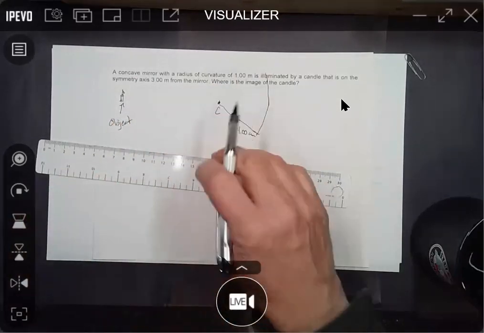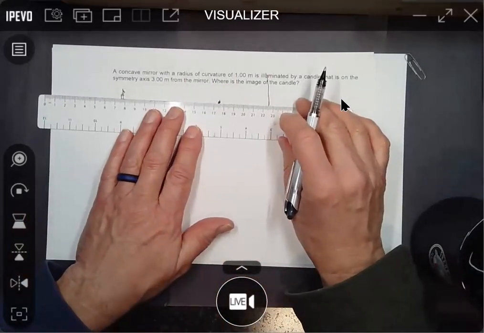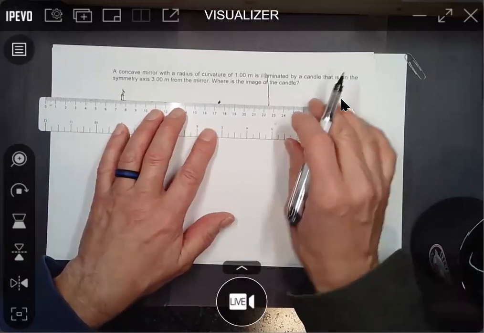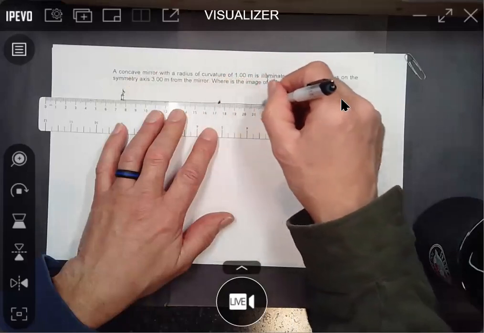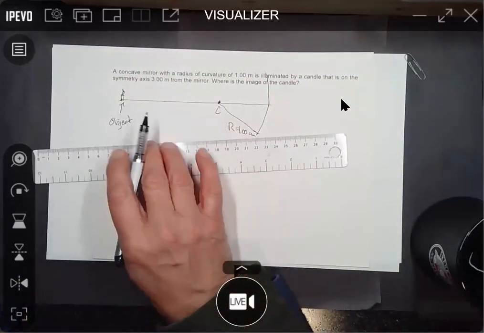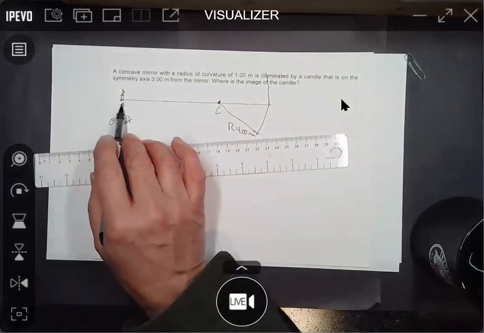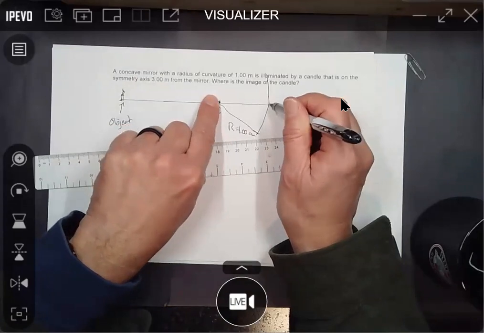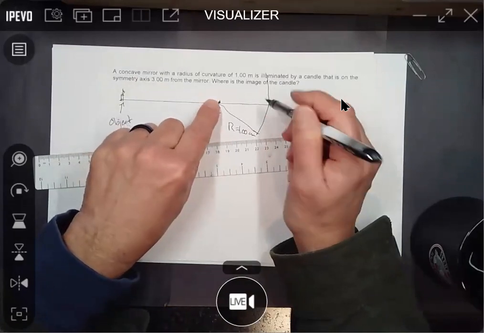All right, here's some stuff we know already, and we figured this out on the first problem. I didn't draw that very well, but there's our symmetry axis. When we had the object outside the focal point, and if this is the radius of curvature, remember the radius is twice the focal length.